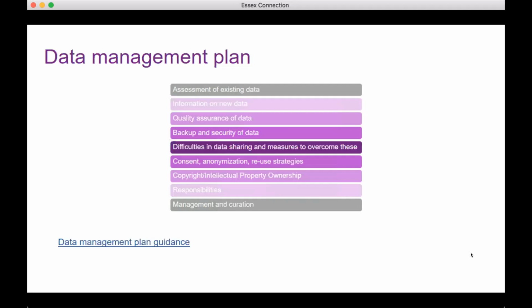Going back to copyright, we need to think about who will own this copyright over the data collected. Would it be yourself as the person who's collecting it, your institution? Will your participants maintain any copyright over their data, or will there be shared copyright? It might be the case that you need to address this in your consent form or information sheet.